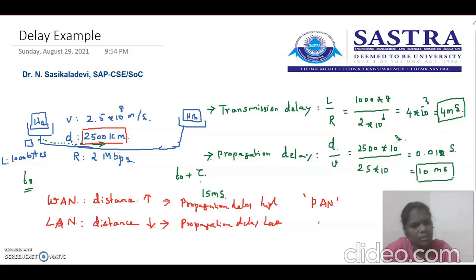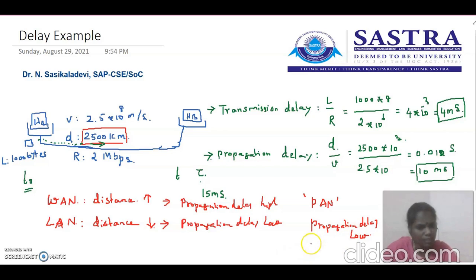So the distance is less than a meter, and the propagation delay will be very low.